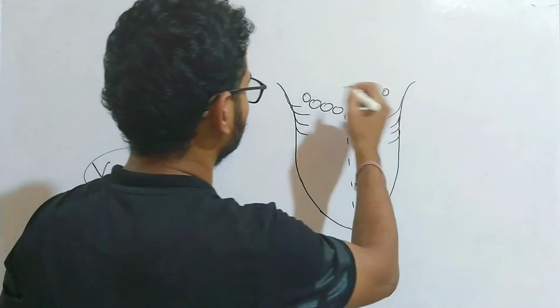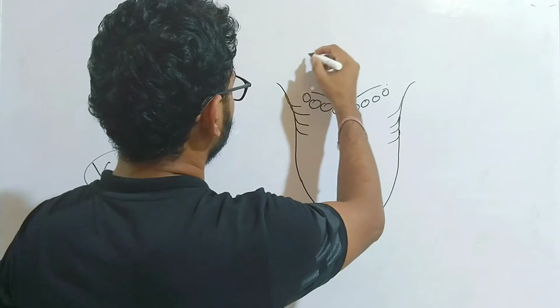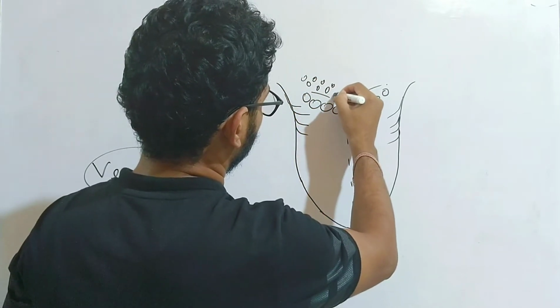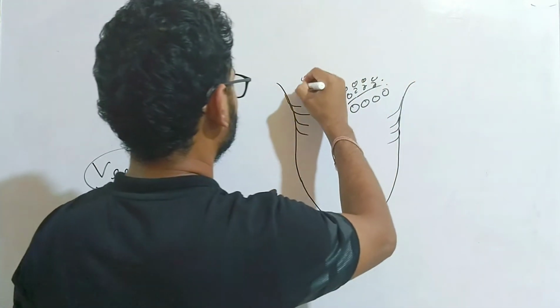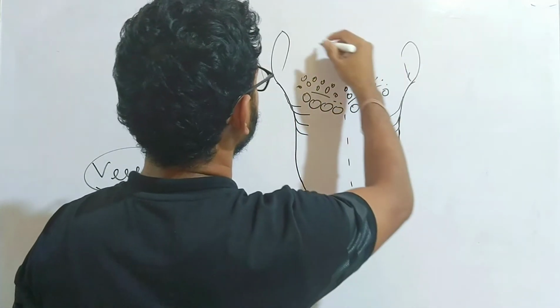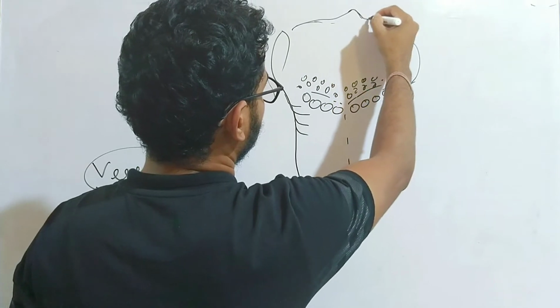We will talk about the different types of papillae. Okay, so the structure is like this, and behind this there is the epiglottis.